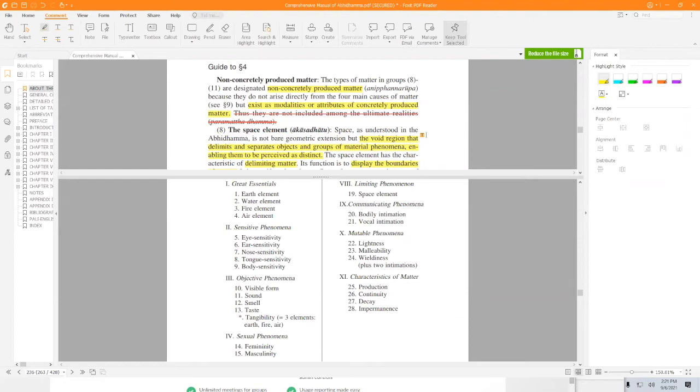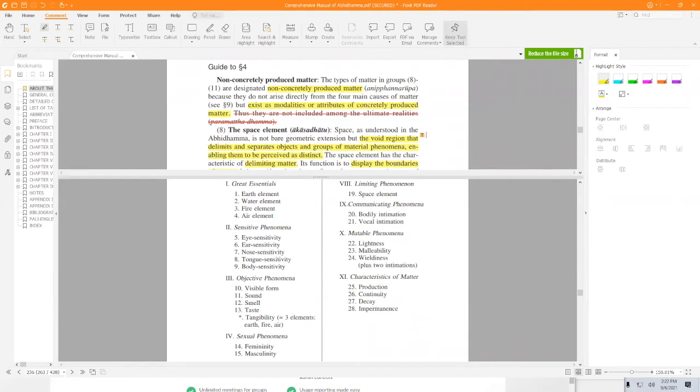That is why within a cognitive process, the eye arises cognizing a material object, and the eye base and the visible form endure for the length of 17 mind moments. That is why it takes 17 mind moments to constitute a cognitive process.